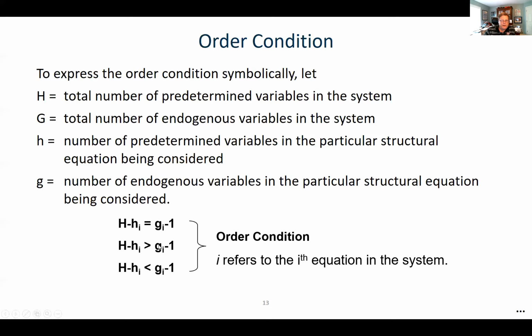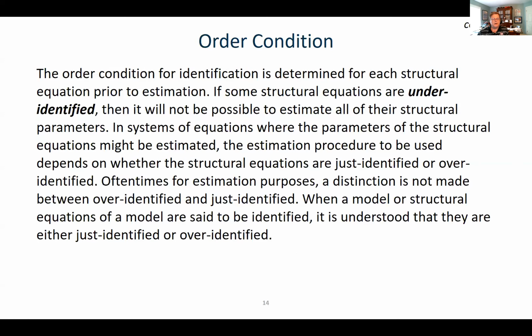And that has to be at least as large as the number of endogenous variables, little g, in the ith equation minus 1. If we have this situation down here, where capital H minus h sub i is less than g sub i minus 1, well, this corresponds to under-identification, the middle condition over-identification, and the top condition just identified, okay?